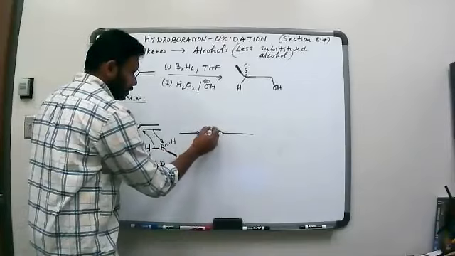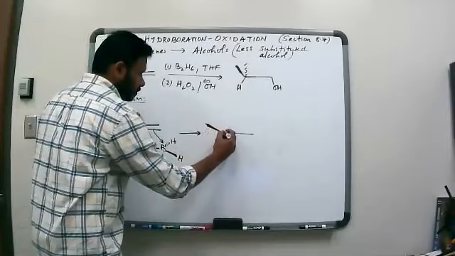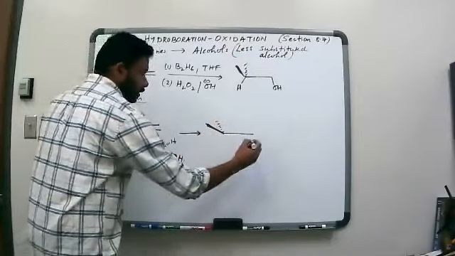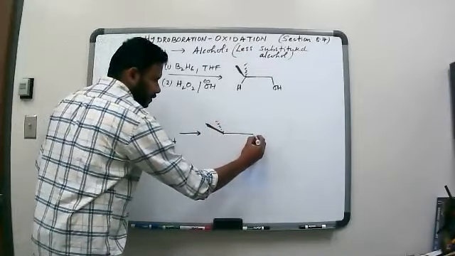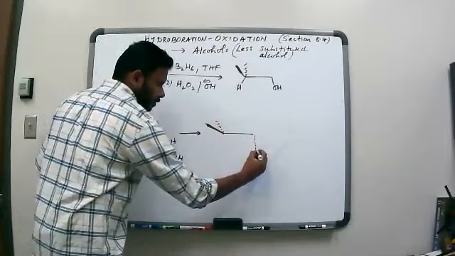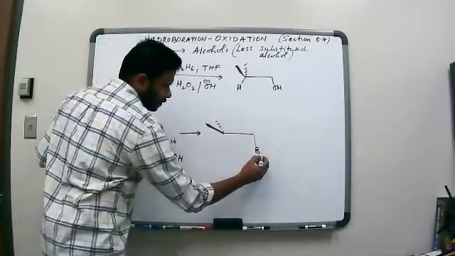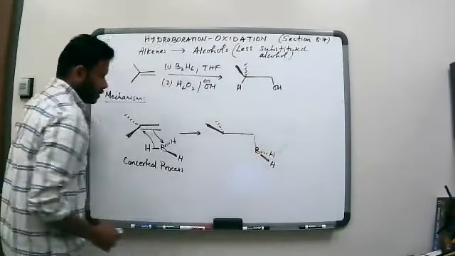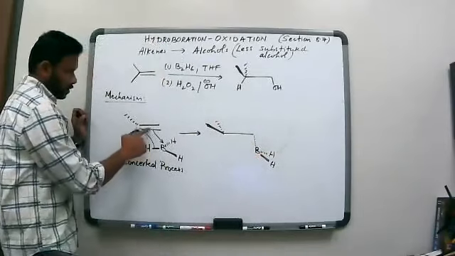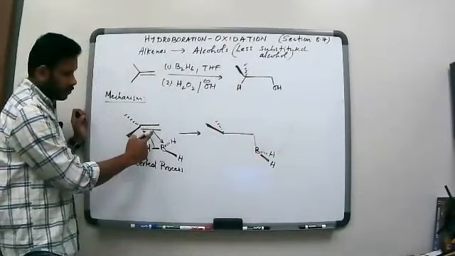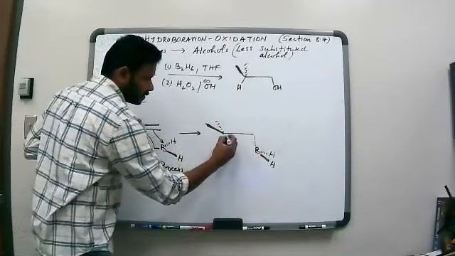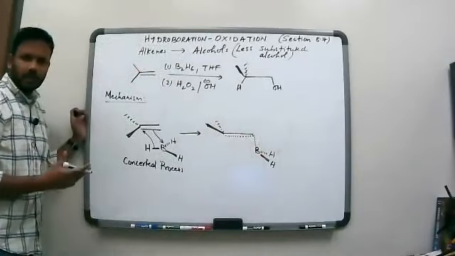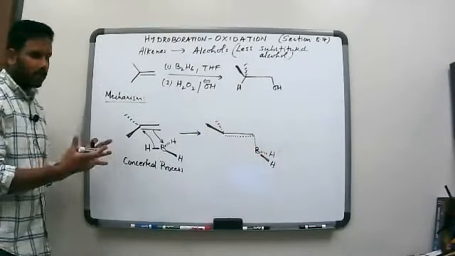Now we can draw a transition state where the less substituted carbon is connected to the boron, and there was a pi bond here which attacked the boron. Since we're in the transition state, I'm using a dashed bond to say that it is part broken, part still there.